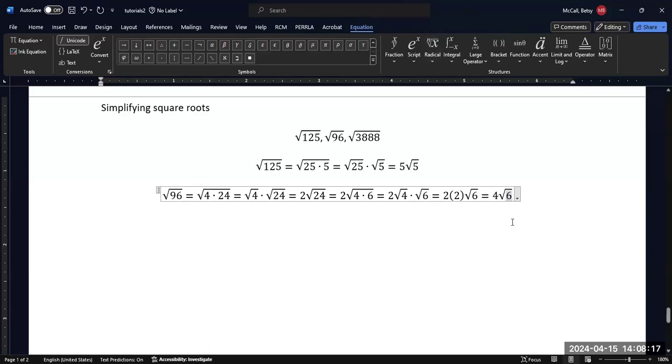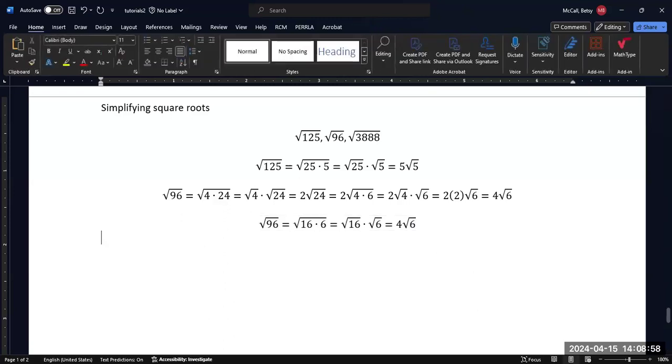Now, it is certainly possible to do this in one step if you recognize that 96 is divisible by 16. So it turns out that 96 is 16 times 6, and therefore I could have the square root of 16 and the square root of 6 directly and get 4 square root of 6.